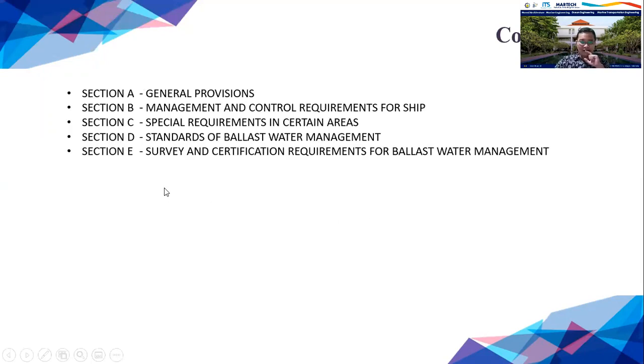So the content of the Ballast Water Convention has sections A, B, C, D, E. Section A is general provisions. Section B is management and control requirements for ships. Section C is special requirements in certain areas, and there is the standard of ballast water management.